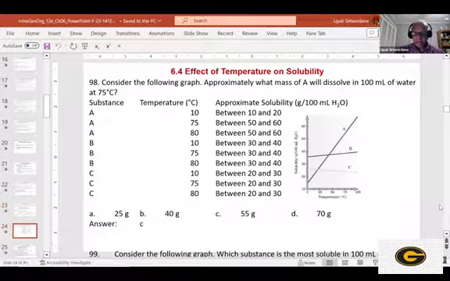There are graphs like this, solubility of 3 substances. For example, A increases as the temperature increases. B is also increasing, but to a lesser extent. So you can calculate, based on the question, the solubility of solute at different temperatures for different substances.